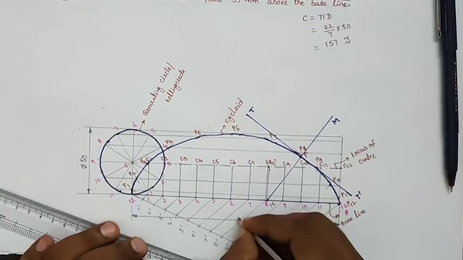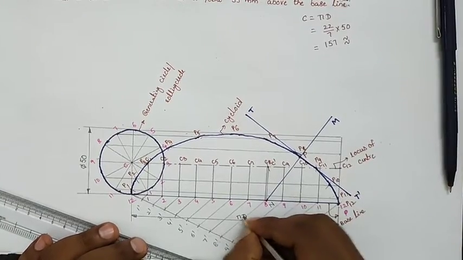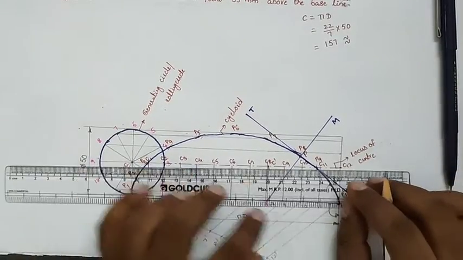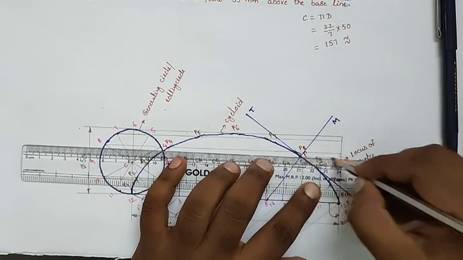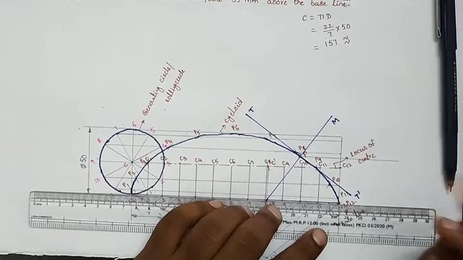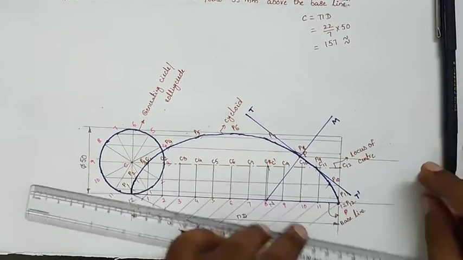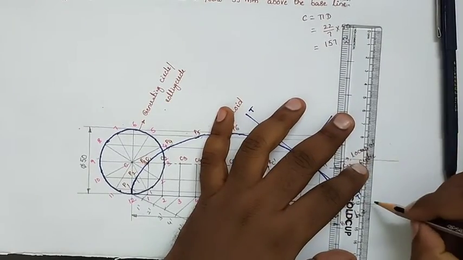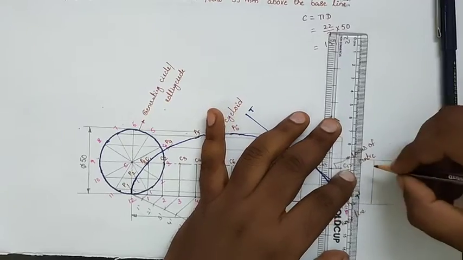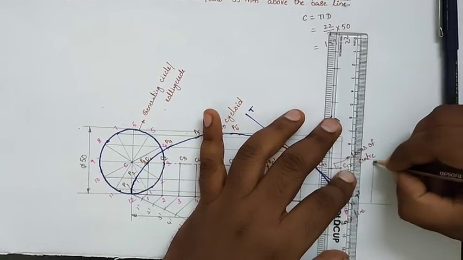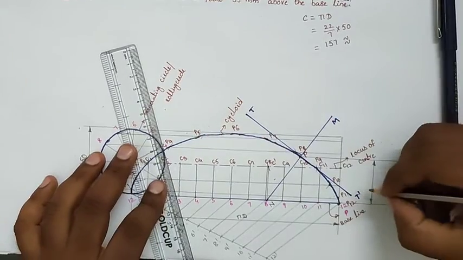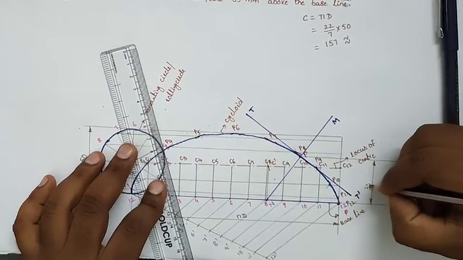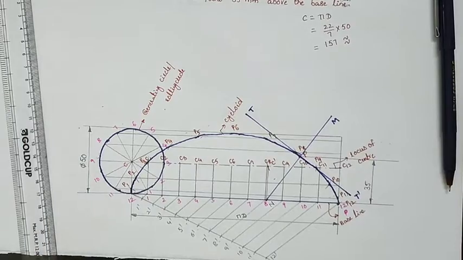So this is nothing but pi d. And also they are giving the distance. For drawing the tangent and normal, they are giving the distance from the point to the baseline. So this is also given, the 35 mm distance. You can locate all the dimensions which they are giving in our problem. So like that we will construct a cycloid.